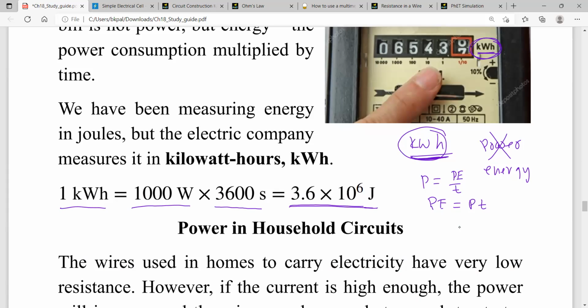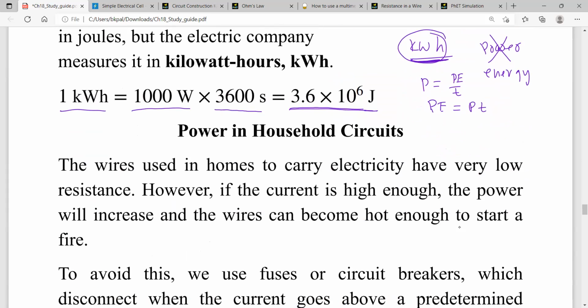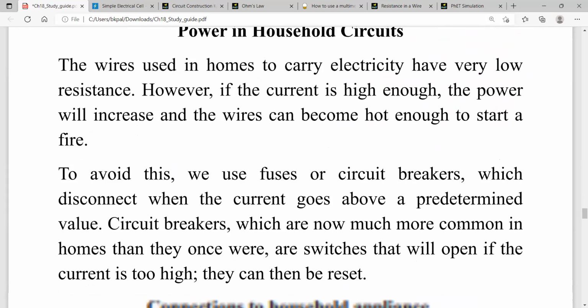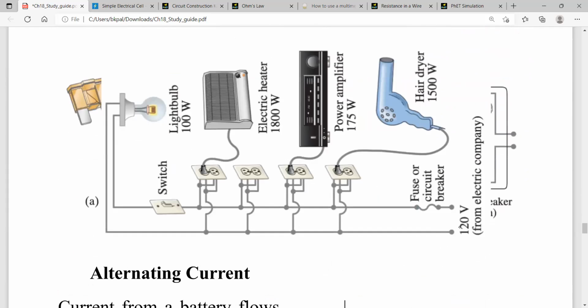Now the next thing is power in a household circuit. Here I show a schematic diagram. These are the outlets you see, and they are connected in parallel. We are going to discuss parallel and series circuits in a little more detail in the next chapter. Here just remember that in our household wiring, we use parallel connection.